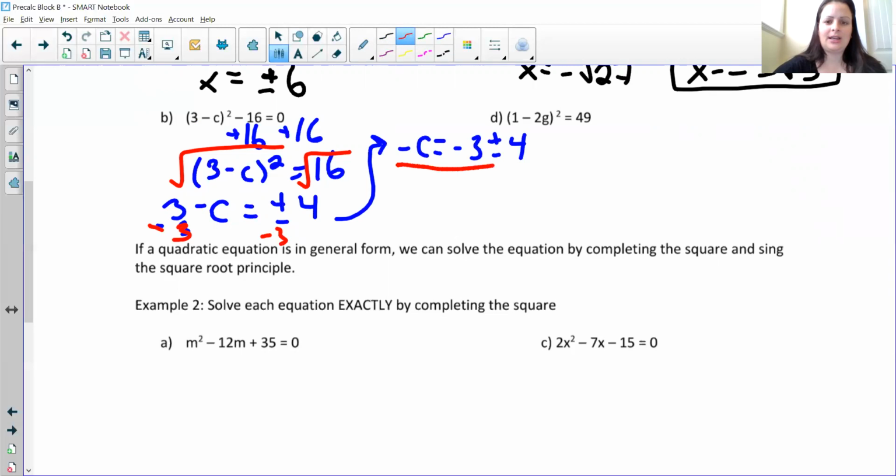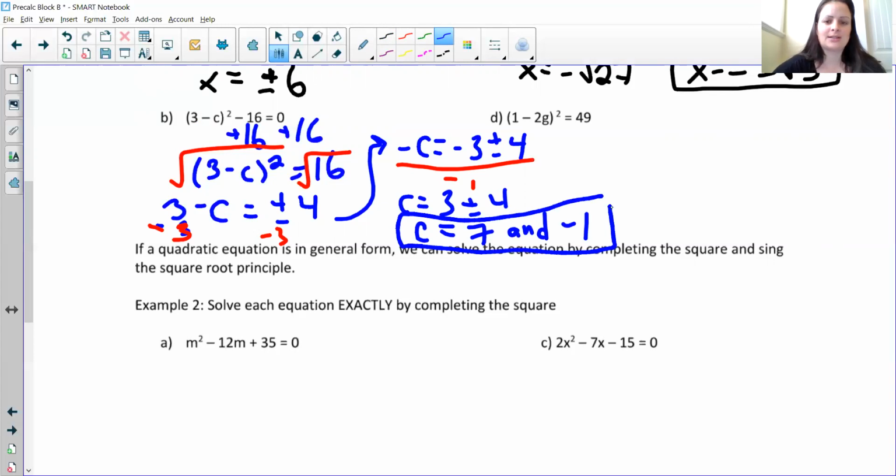You're then going to divide everything by negative 1, or multiply everything by negative 1, and you're going to get c equals 3, and again it still stays plus or minus because the plus became a minus and the minus became a plus, or minus 4. That means c can equal 3 plus 4, which is 7, and c can equal 3 minus 4, which is negative 1. So here are our two possible answers right there.